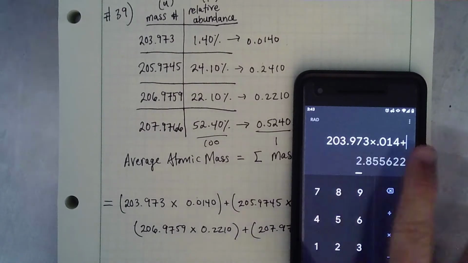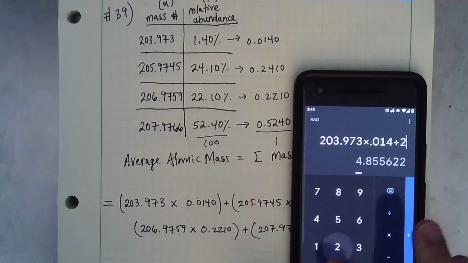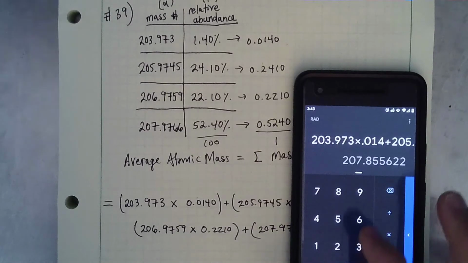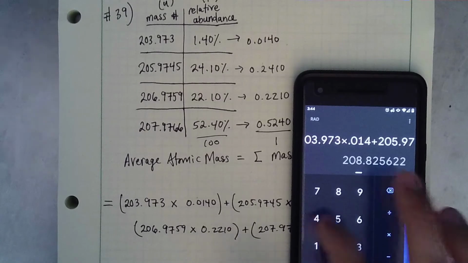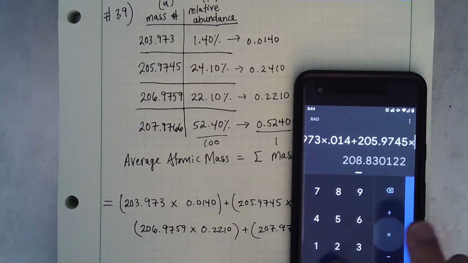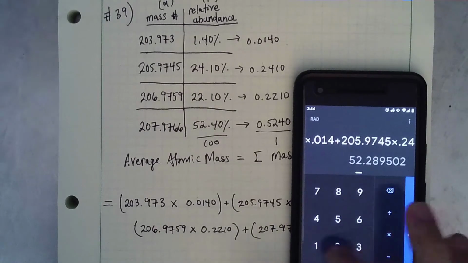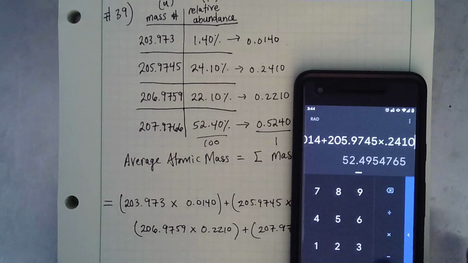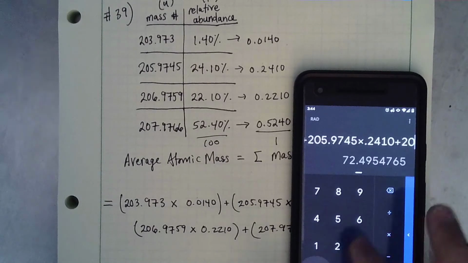Like I said, you don't technically have to use parentheses because multiplication will take place before addition in the order of operations. And your calculator does know order of operations. Okay.